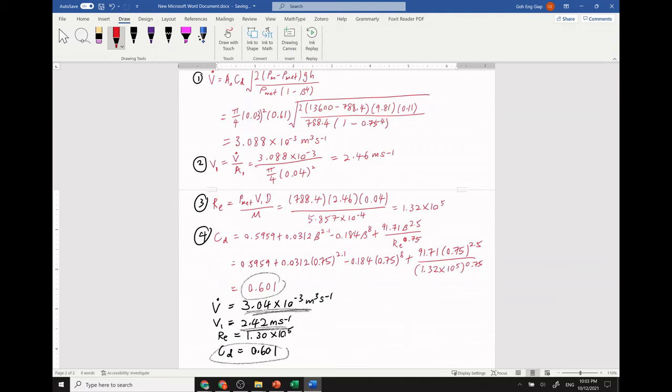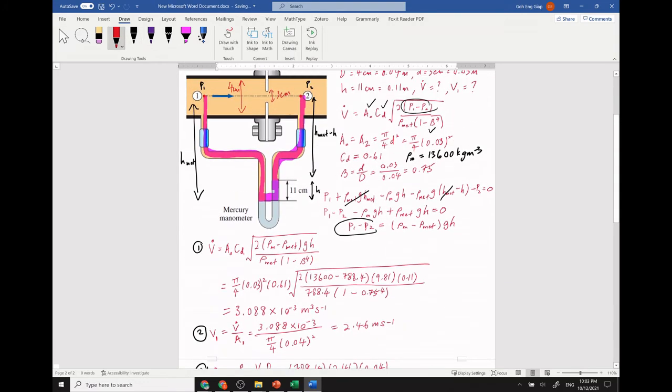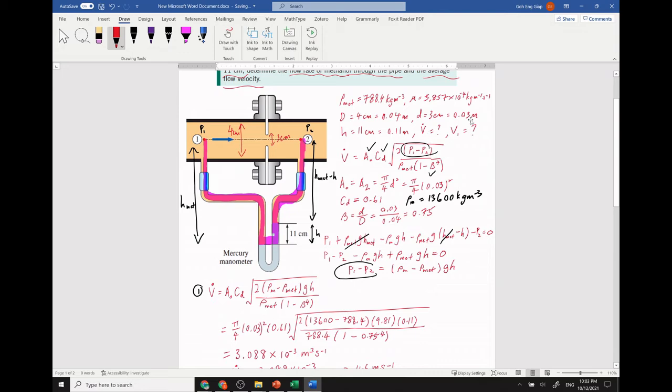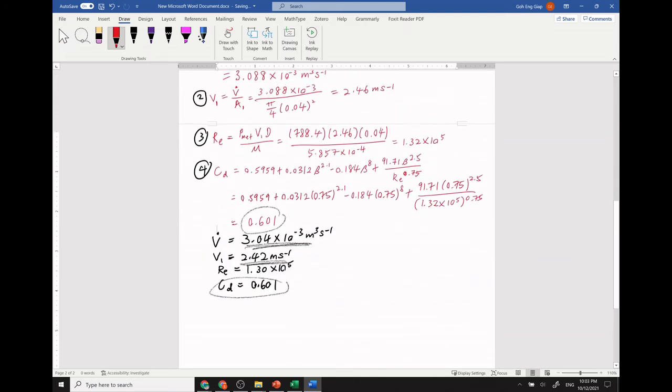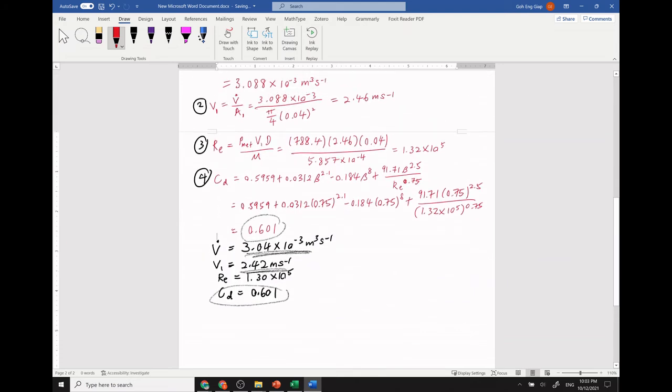So we have the answer. The question is we want to find the volumetric flow rate as well as the velocity V1. So we found the volumetric flow rate as 3.04 multiply 10 to the power negative 3 meter cube per second, and then the V1 velocity is 2.42 meter per second. So that's the answer.